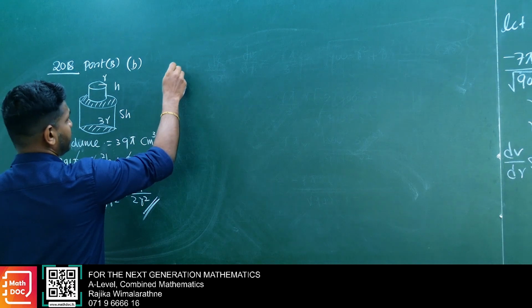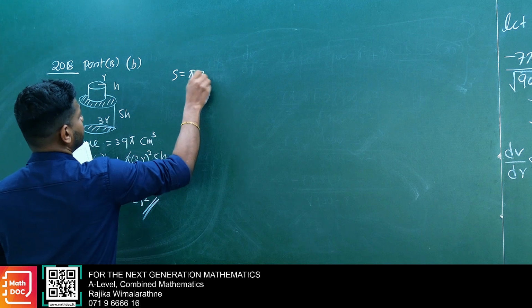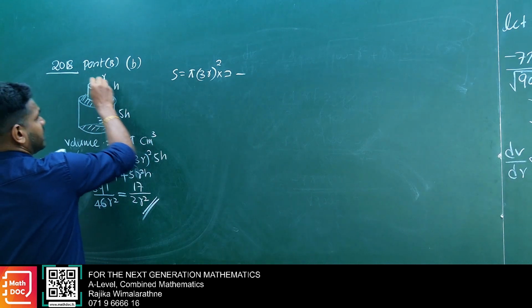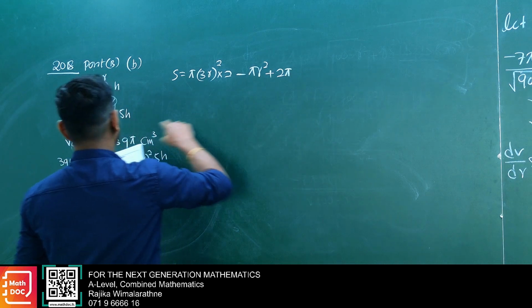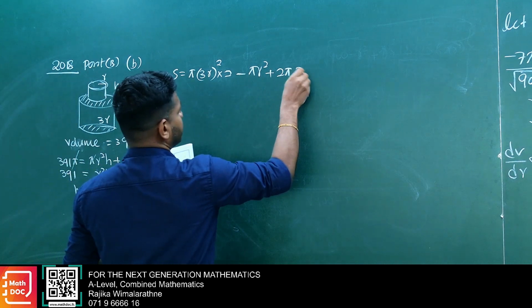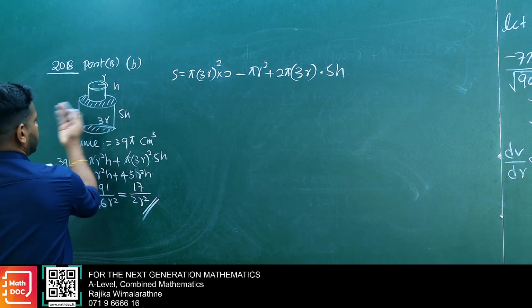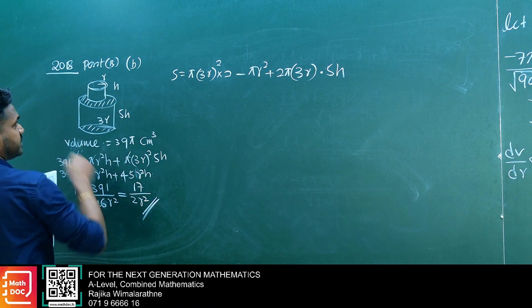Then surface area S, here pi 3r squared times 2 minus this part pi r squared, plus 2 pi radius 3r, height 5h. Here the outer area is 2 pi times 3r times h.